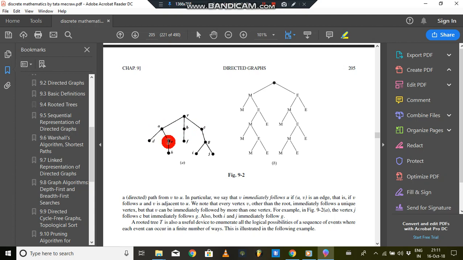Another condition is also false, because here each node does not have 2 nodes or fewer. So the root condition and the base condition are false, so that is why this is not a complete binary tree as well as not a binary tree.